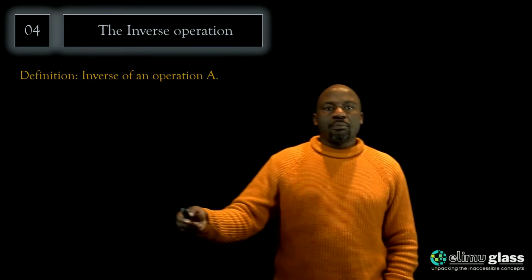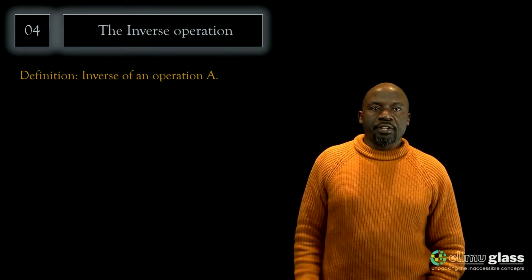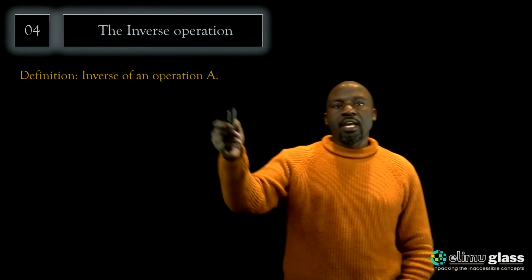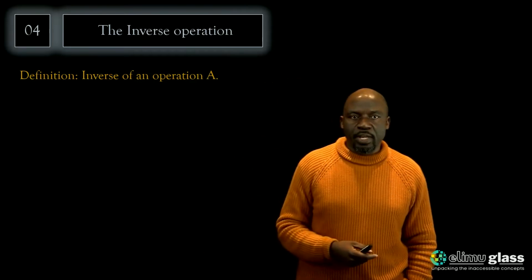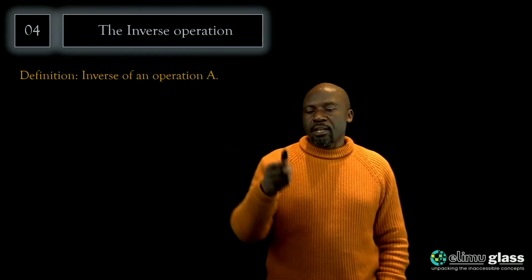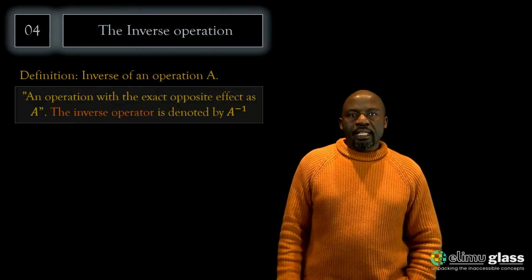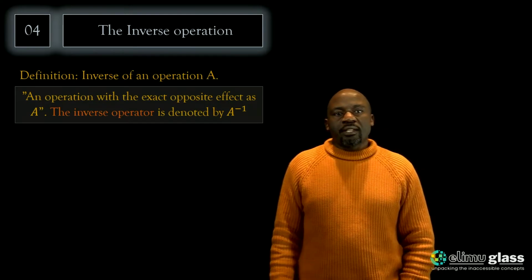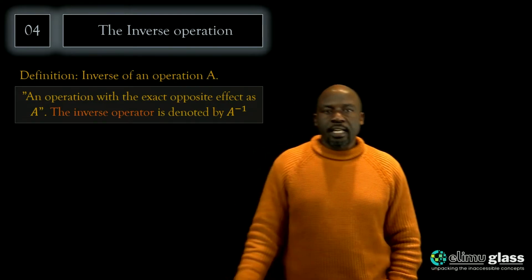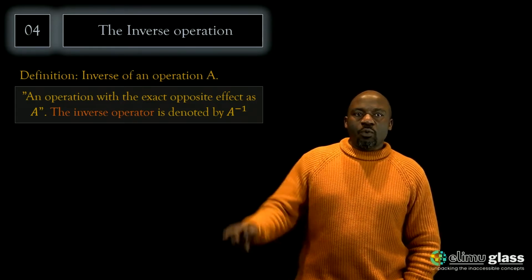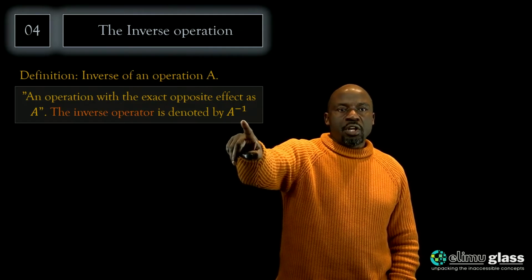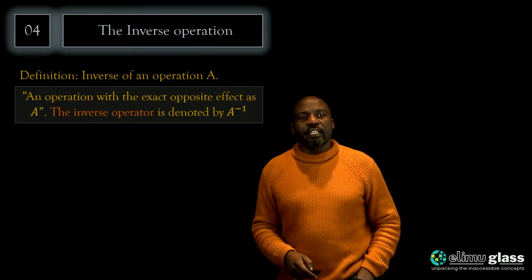So the inverse of an operation A. If A is some operation like the x plus 3 that we had earlier, then an operation with the exact opposite effect as A is referred to as the inverse operation, and we denote the inverse operation with A to the power negative 1.